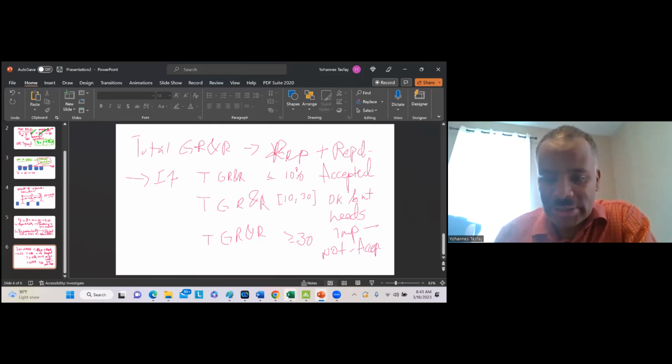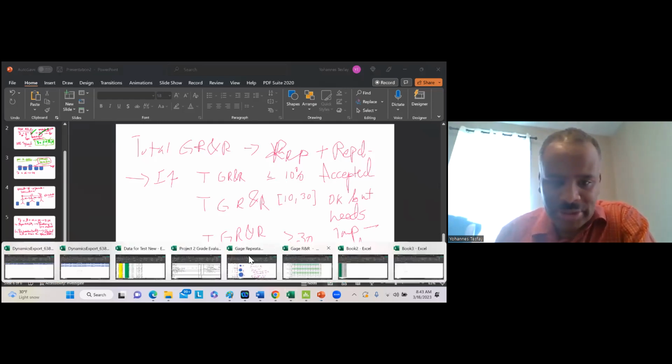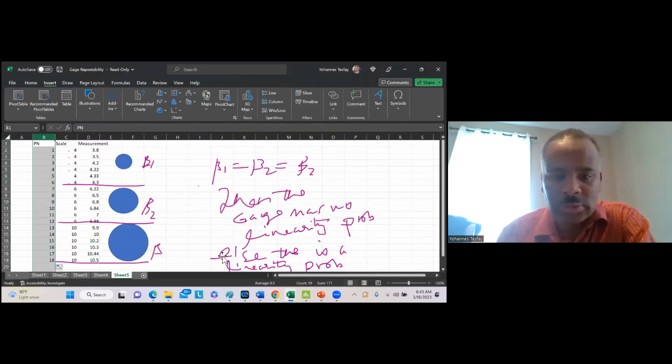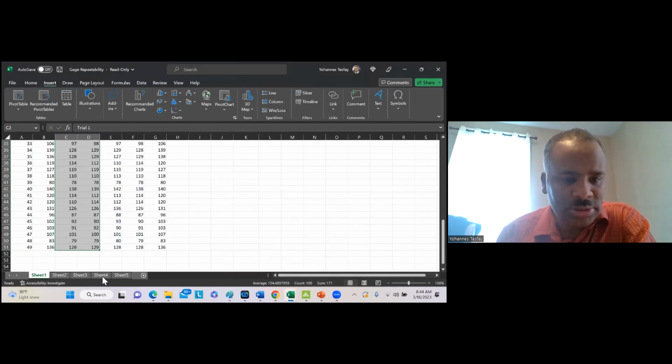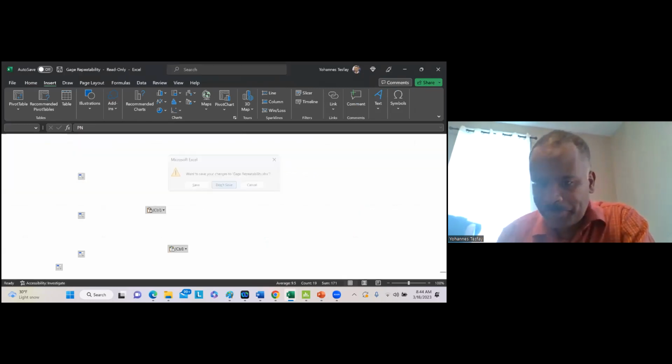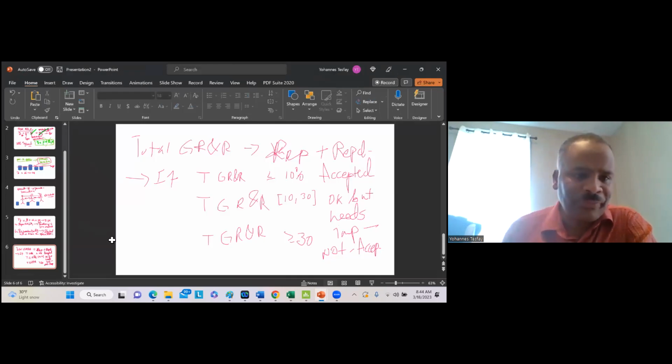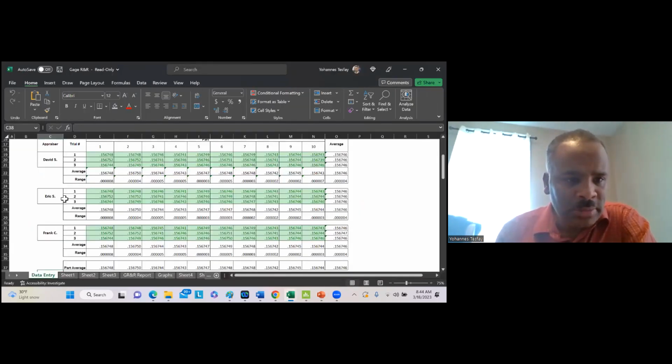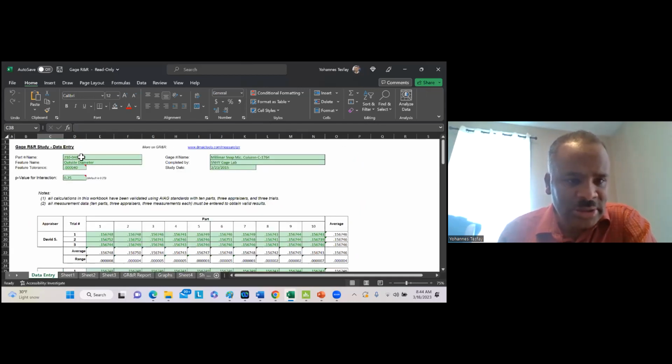Let me see if I have the sheet. Yes, gauge R and R. Here the feature is outside diameter, the part number is given right here, and this is the gauge, a millimeter micrometer. The gauge lab person conducted this in 2015.